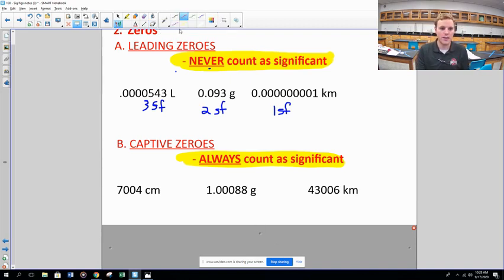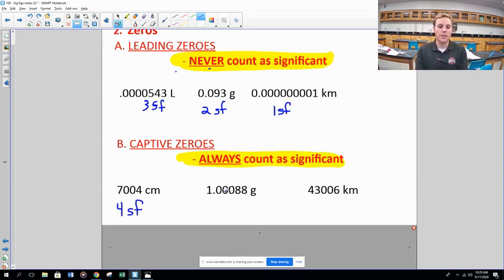So right down here, we have 7,004 centimeters. Well, these two zeros, they are in between a non-zero 7 and a non-zero 4. And so they both count as significant. So we have 4 SigFigs in this value. These zeros, now they're after the decimal, but where the decimal is does not matter.